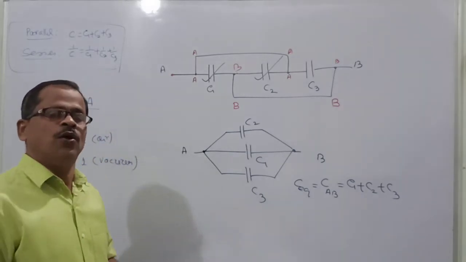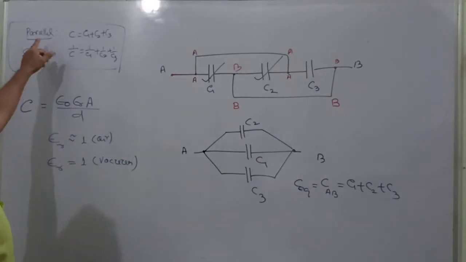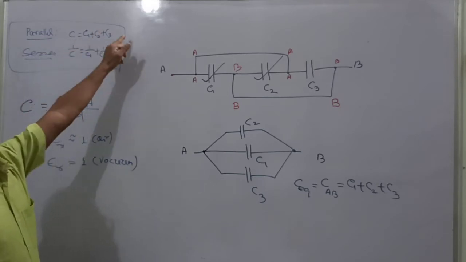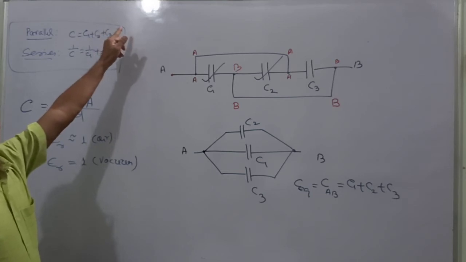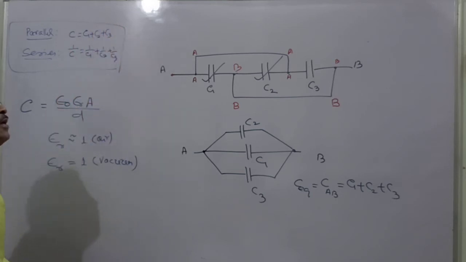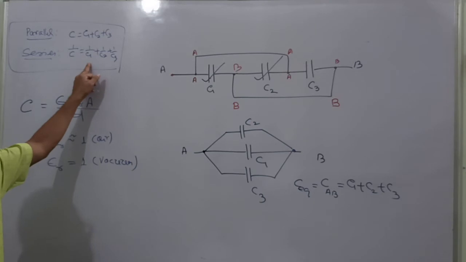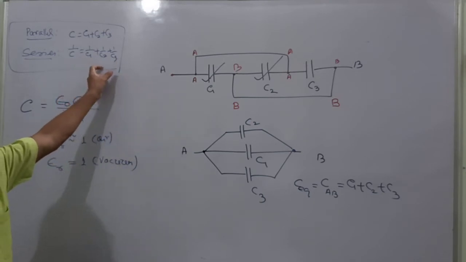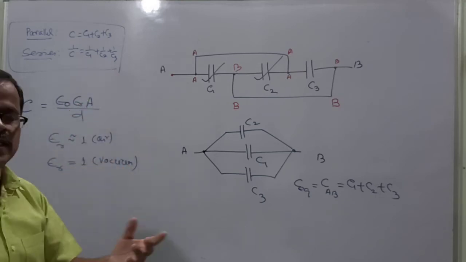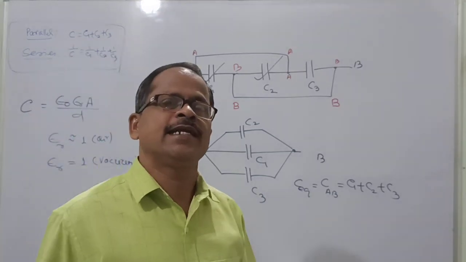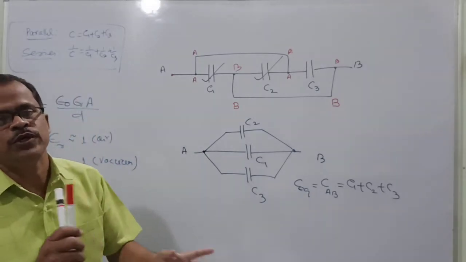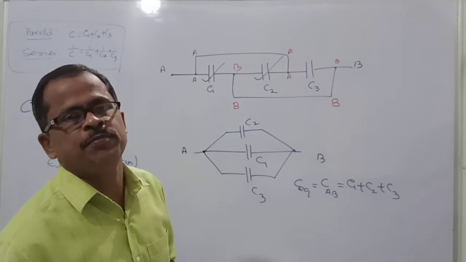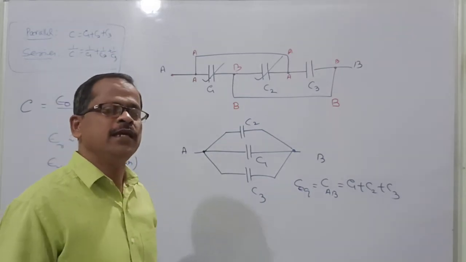But all the time you remember, if capacitors are in parallel, net capacitance is C1 plus C2 plus C3, and net capacitance increases. In series connection, net capacitance decreases because in a reciprocal sum, the result decreases. The question will not be given directly as parallel or series. We have to redraw it by renaming, then find out whether they are parallel or series and how to get the answer.